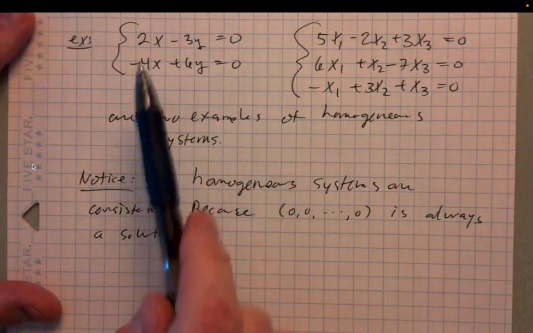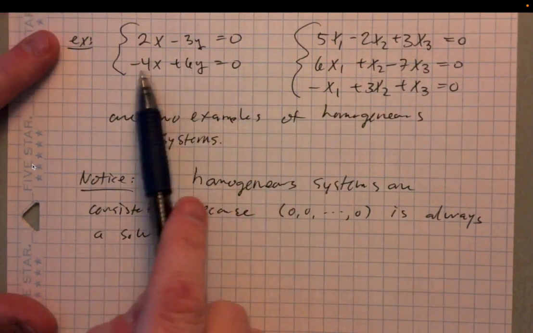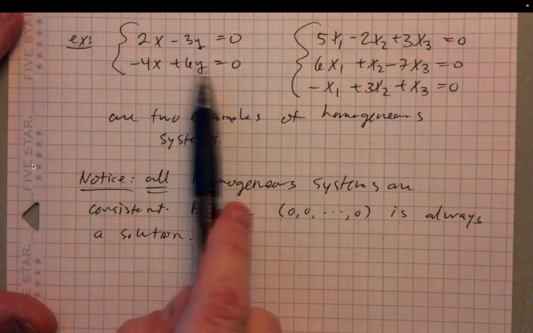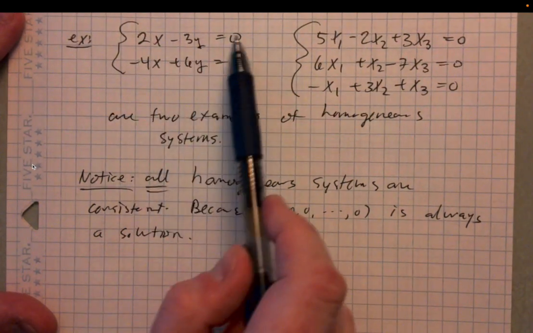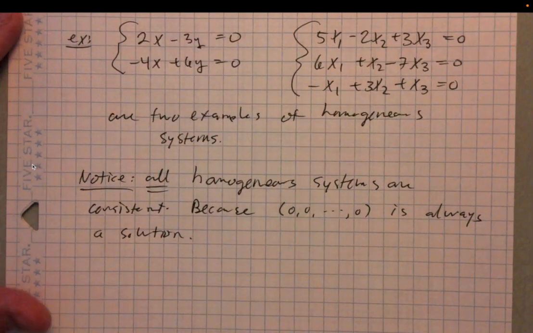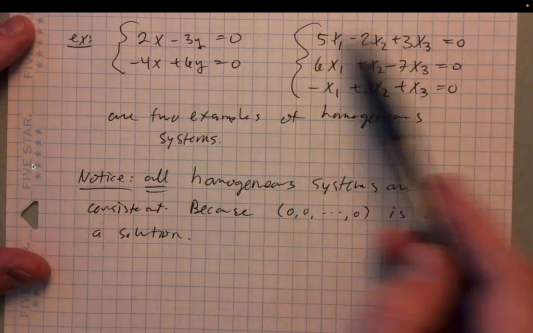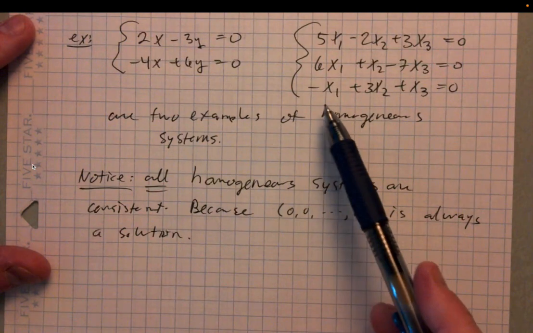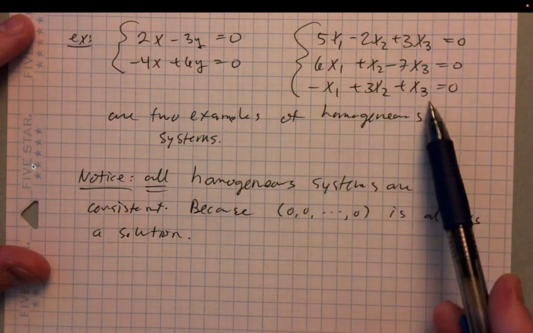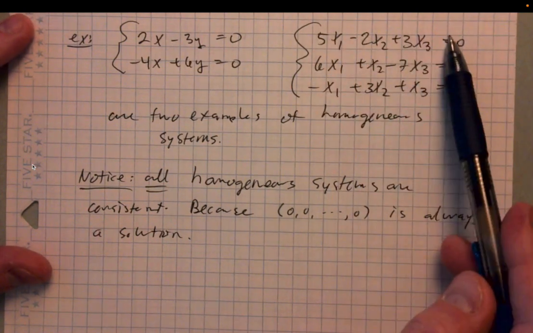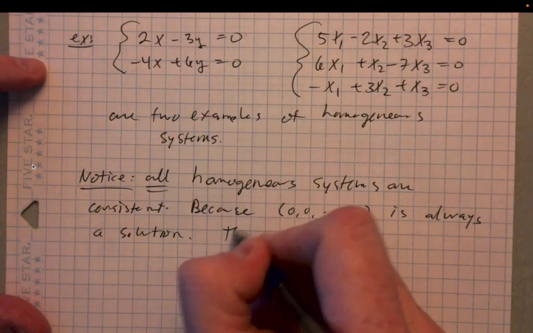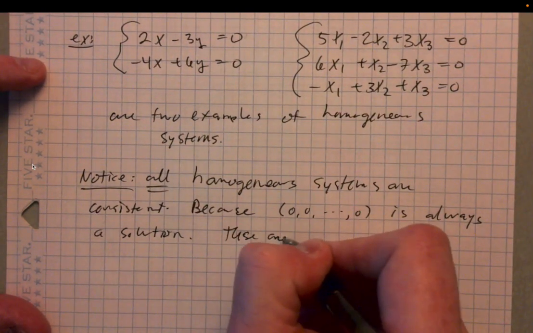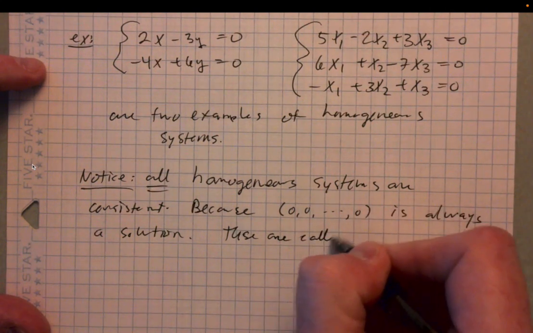Right, so you can kind of look at this. So for example, x equals 0, y equals 0, the ordered pair 0, 0 is going to be a solution to this equation and also to this equation. In the case of this system here, the ordered triple 0, 0, 0 will solve all three of these equations at the same time. These are called trivial solutions, right?